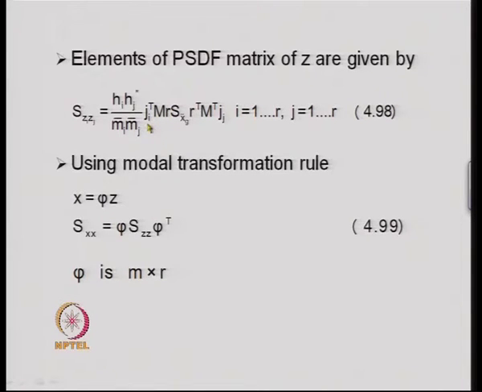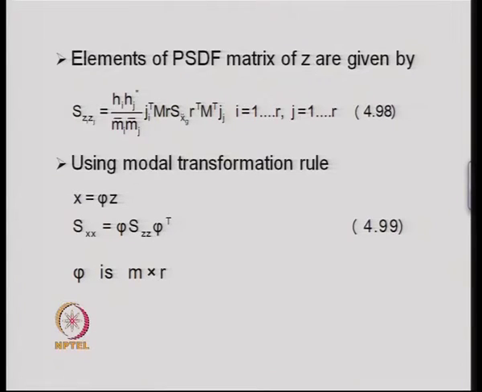The phi i and phi j, the mode shapes for any two modes, are also known, and the Sx double dot g matrix has now been defined, so we put the Sx double dot g matrix here. The R matrix I have shown you already, and the M matrix is known. Therefore Szj, the cross power spectral density function between any two modal coordinates, can be obtained with the help of the quantities that we have just shown.